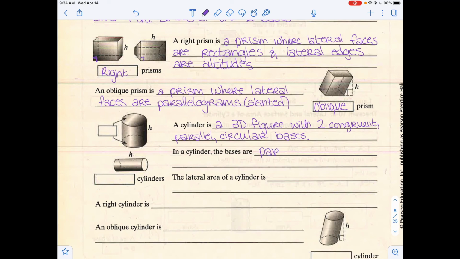We're going to say parallel congruent circles. Okay, so the lateral area of a cylinder is the product of the circumference of the base and the height.